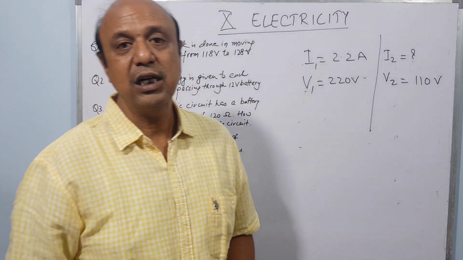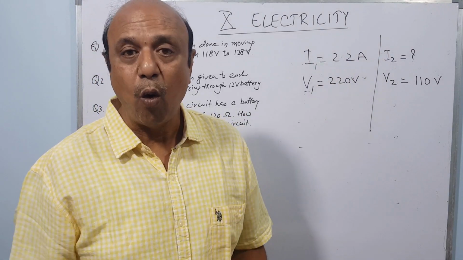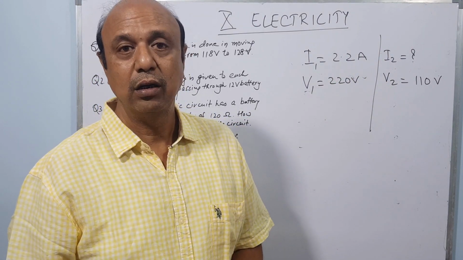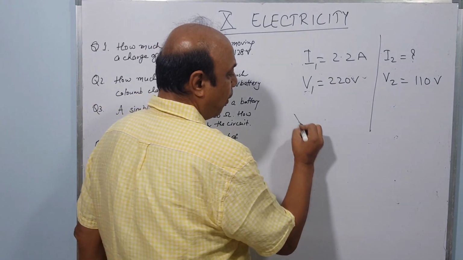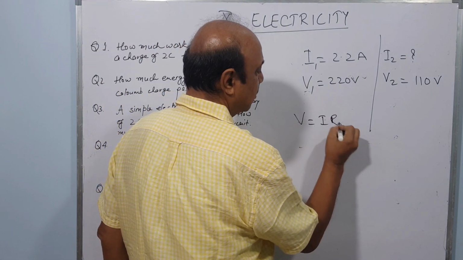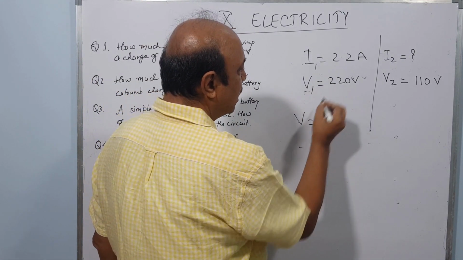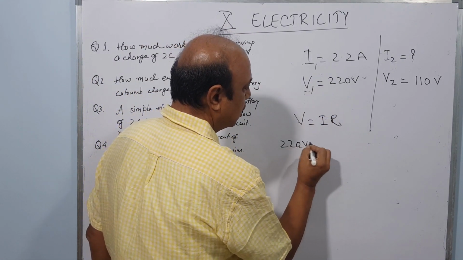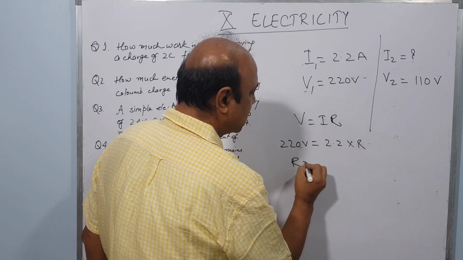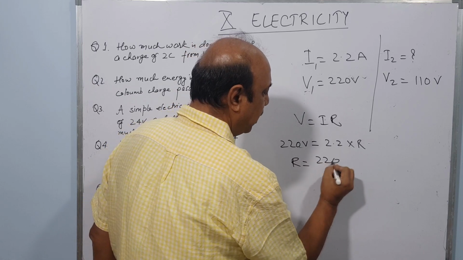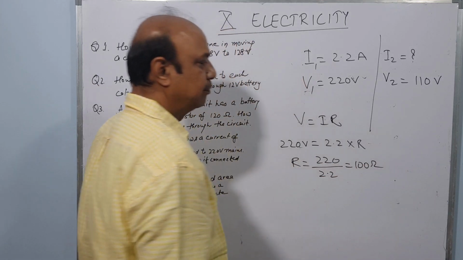Now, the mistake children make over here is V1 I1 is equal to V2 I2. No, that is wrong. The current, as we know, is a property of the resistance. So, if the voltage was 220 volt, 220 is equal to 2.2 into R, or R is equal to 220 divided by 2.2, that is 100 ohms.